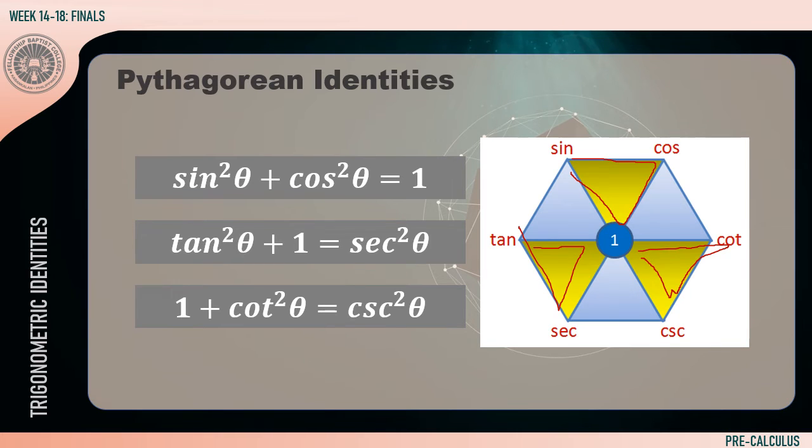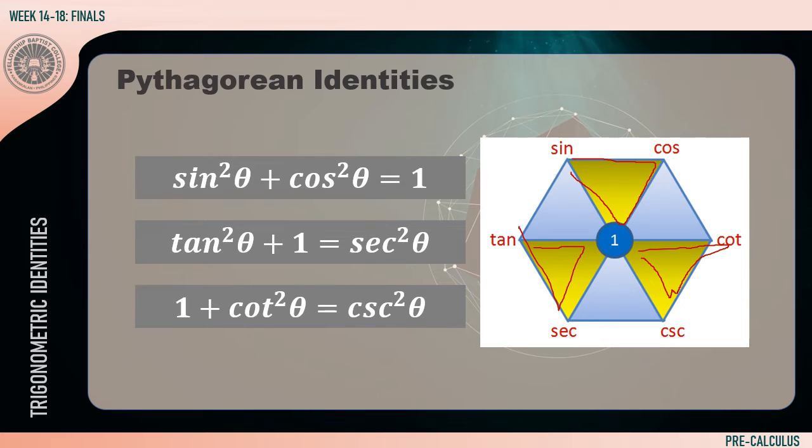Kung makita ninyo, may duwa ka vertices sa babaw sang imong yellow nga triangle, and then may isa ka vertex sa dalom. So, ang duwa ka vertices sa babaw, i-add nimo nga naka-squared. And ang imong equals is ang vertex sa dalom nga naka-squared.